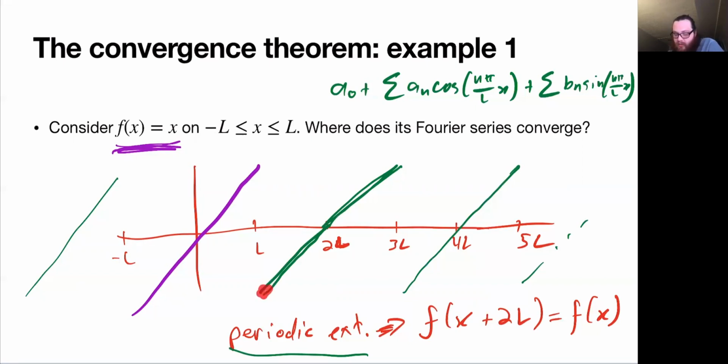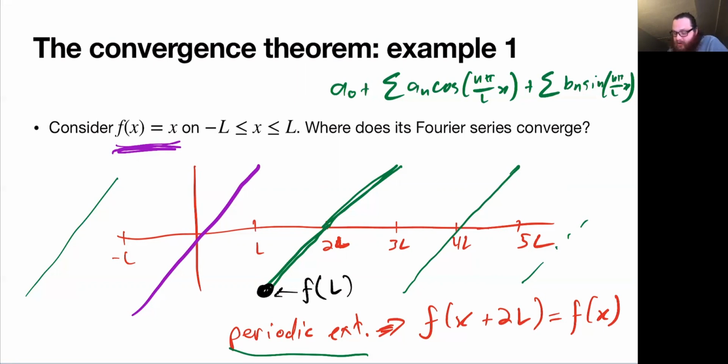So maybe we can write it like this: this value right here is f of, well, the x coordinate is L, so let's write f of L.